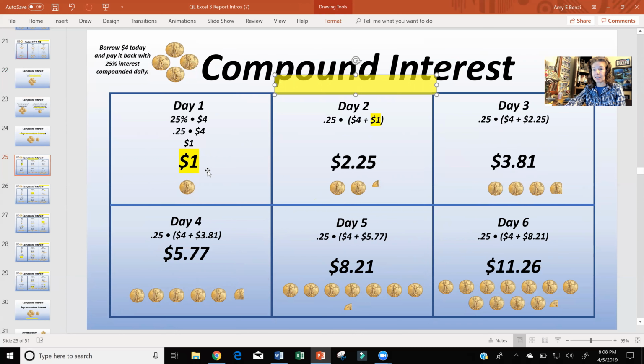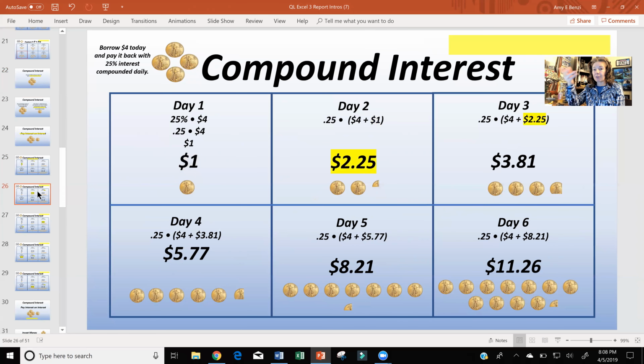That dollar was the interest I had to pay over here. And then on the third day, I have to pay interest on the money that accumulated from the first 2 days' interests. So you can see how my increase is happening here. Instead of just doing 25% of my $4, now each day I have to calculate 25% of whatever that new amount is. And the amount highlighted is the new interest amount.